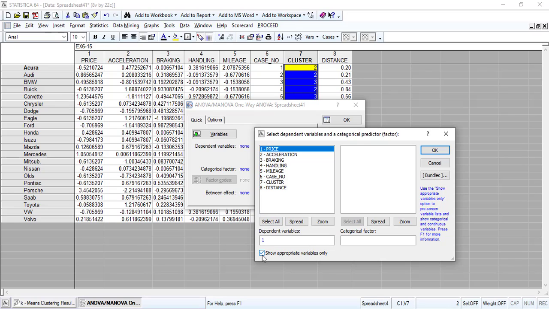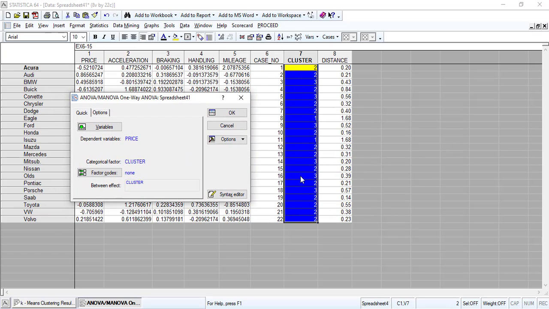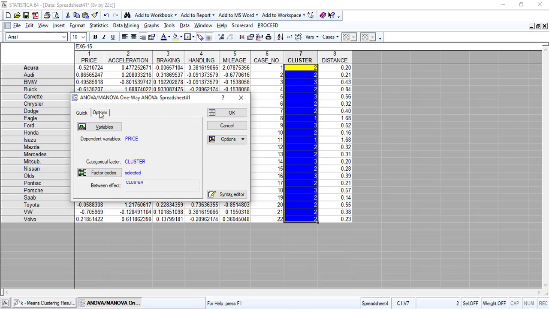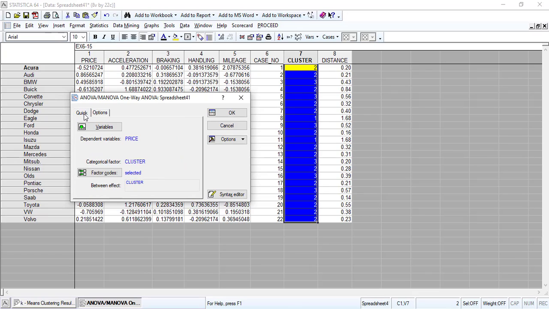And category is your cluster. That's what I mean, from 3 variables or 2 variables, the important variables to do the clustering, how many clusters? 3 clusters. And compare the price among 3 clusters. That's how ANOVA works. Okay? Doesn't matter.